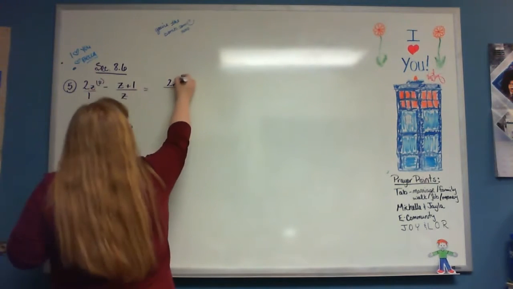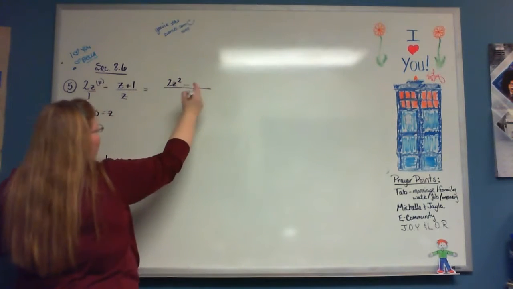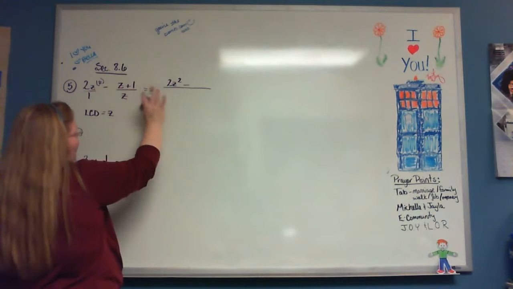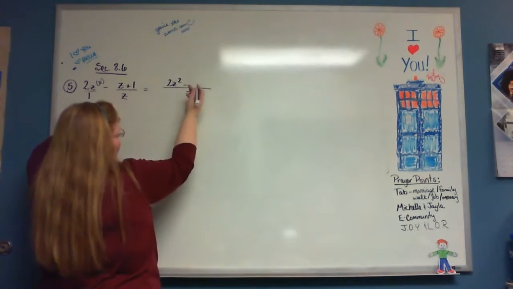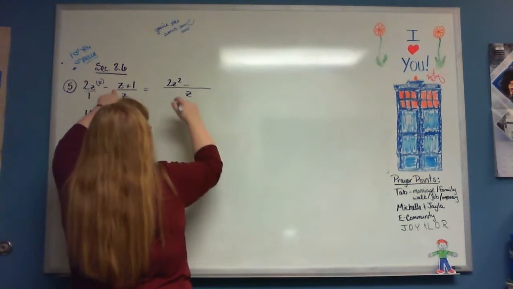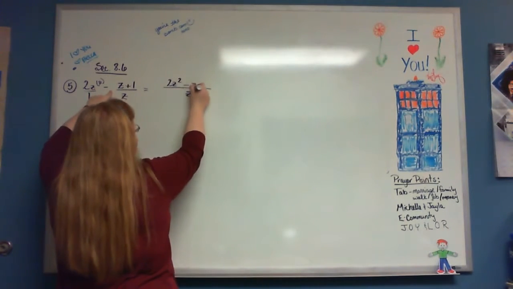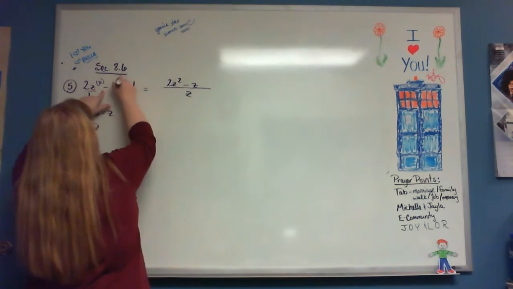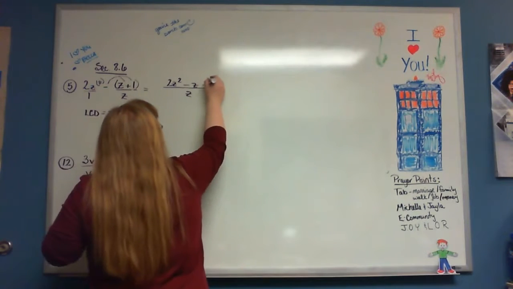So that's going to give me 2z squared minus, just like we did in the last one, I want to try to keep it all in 1. So on the bottom, my common denominator was z. That's what it's going to end up being. And since I'm putting everything on the top together, I've got my minus z. And then remember that you have to distribute it, so it's a minus 1.